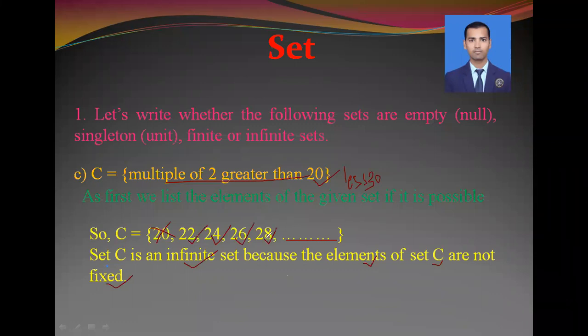In this condition it becomes a finite set. But here it is not required less than, so its last element is not fixed. That's why the given set is an infinite set.